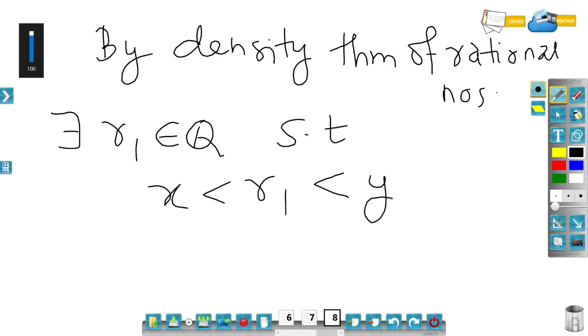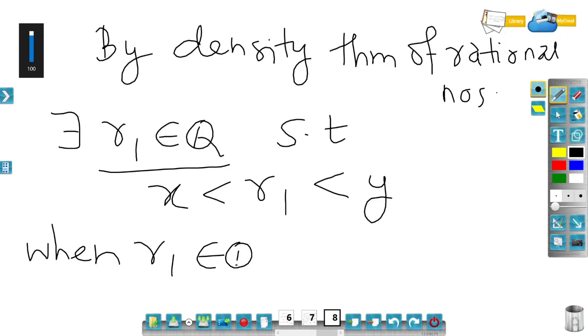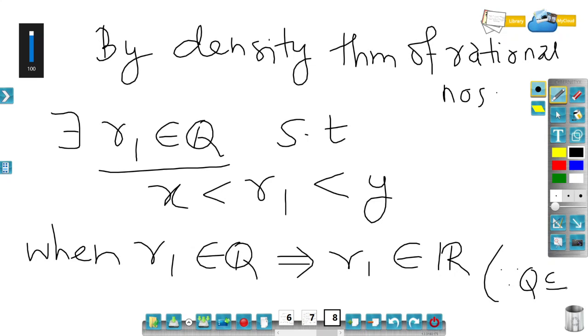When R1 belongs to Q, that would imply R1 also belongs to the real numbers, because the rational numbers are a part of the real numbers. So R1 is a real number again.